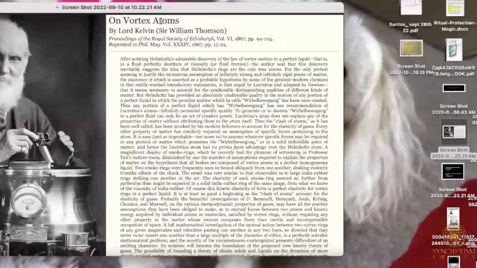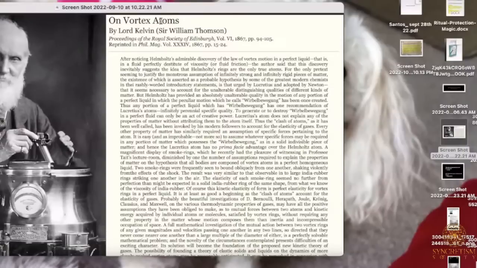Vortices are everything. And VOR is the same as BOL. V and B are interchangeable. R and L are the universal liquid interchangeables.